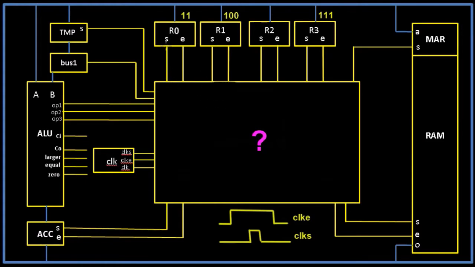So when the set pin goes high, we can write information into a memory location. Whenever the enable pin goes high, we can read information out of a memory location or out of the RAM and place it onto the bus. So the set is to write and the enable is to read. We set information into the memory location and we read information out of the memory location.